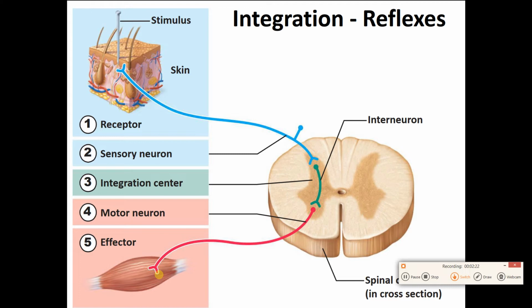Like if you touch a hot stove, if you touch a hot pan on the stove, say you're cooking some scrambled eggs and you, for some reason, put your hand right in the pan. You will pull that hand back before your brain even knows it's hot, because the integration of that reflex happened at the level of the spinal cord. So that's pretty important, wouldn't you agree?